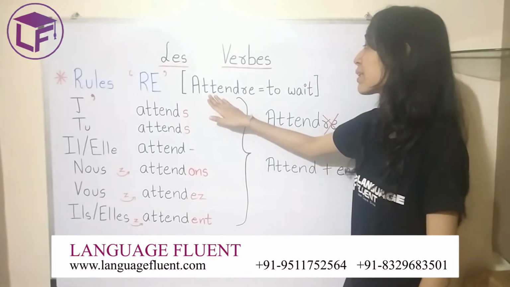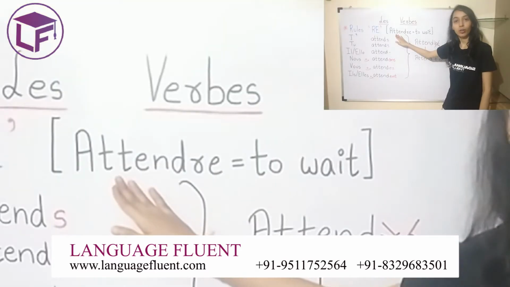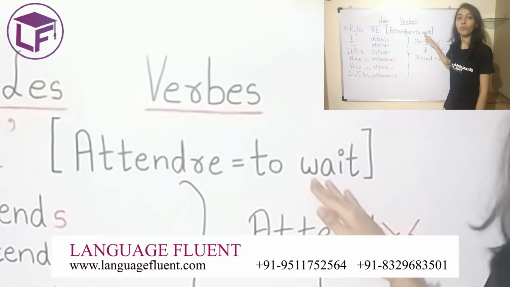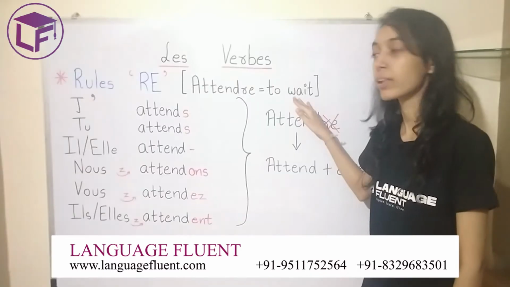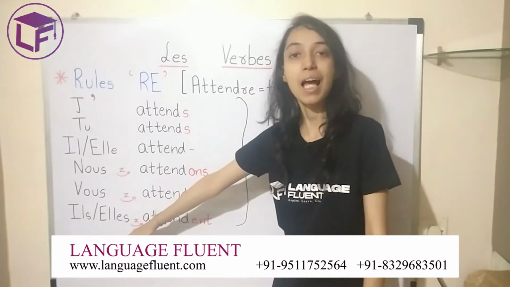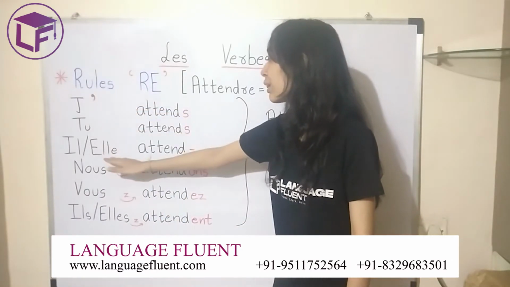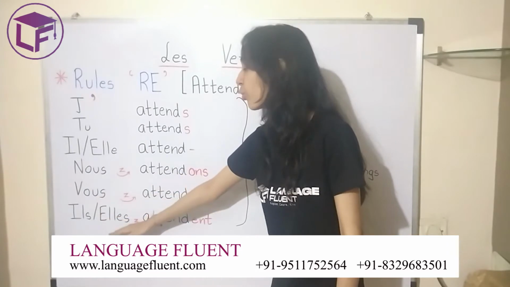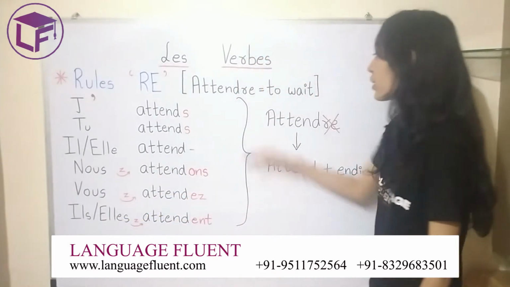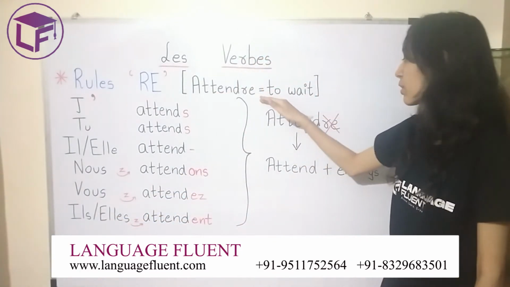So the verb is attendre, attendre, which is to wait, to wait. We write subject pronouns as they are. Subject pronouns are je, tu, il, elle, nous, vous, ils, elles. Now take the verb attendre as it is.